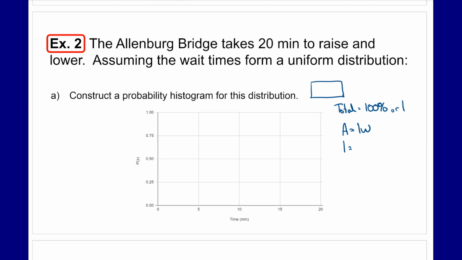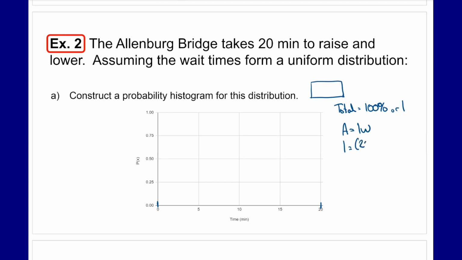Now we have to figure out how to find my length and my width. Well, the length is the total possible time it could take. So I have anywhere from 0 to 20.